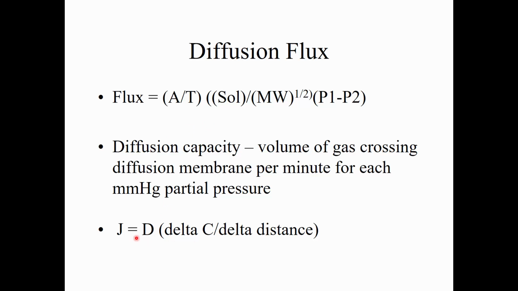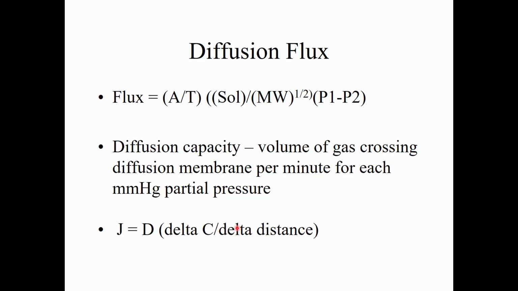Engineering types may be more familiar with J is the flux, is some constant D, which gets us the solubility and the molecular weight of the gas, times the change in concentration, P1 minus P2, divided by the change in distance, so delta C divided by delta T. What's important to understand about this particular permutation of the equation is that diffusion slows over distance.